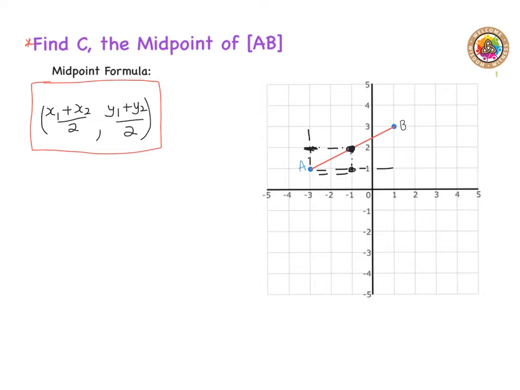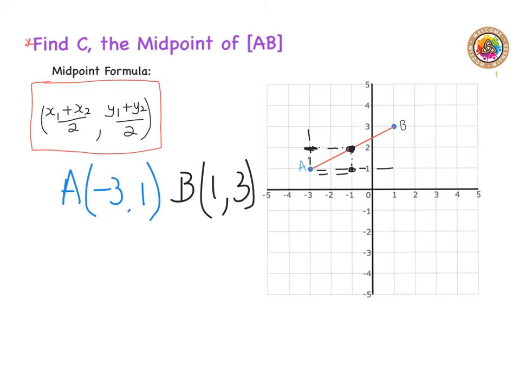So the point A is -3 on the x-axis, and it's 1 on the y-axis. The point B then is 1 on the x-axis and 3 on the y-axis. Okay, and so straight away I'm going to label these points.